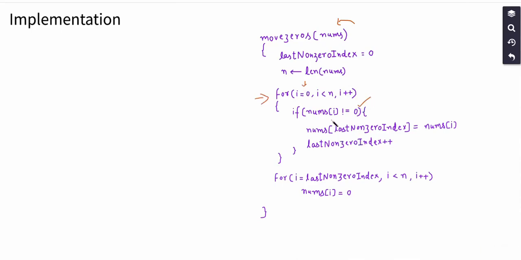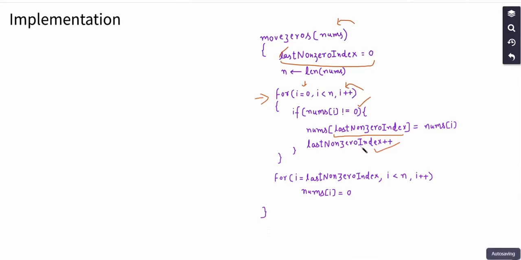So here we are incrementing the variable last non-zero index by 1, and here I'm incrementing the array index I by 1. Fine. So this is how we modify our array, and it is used to shift all the non-zero elements towards the starting of the array.